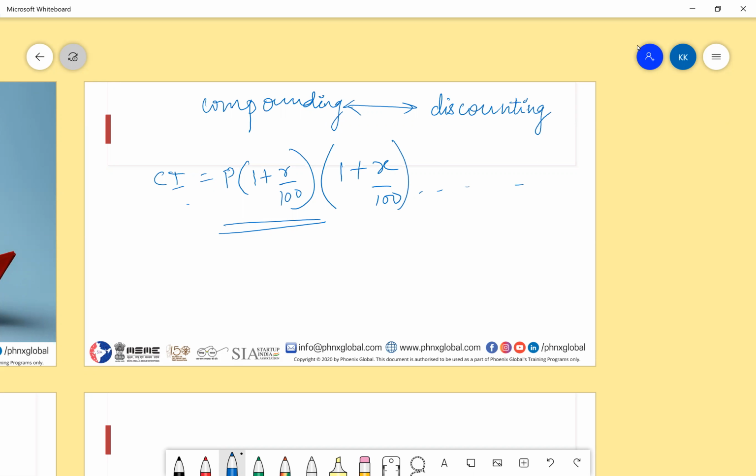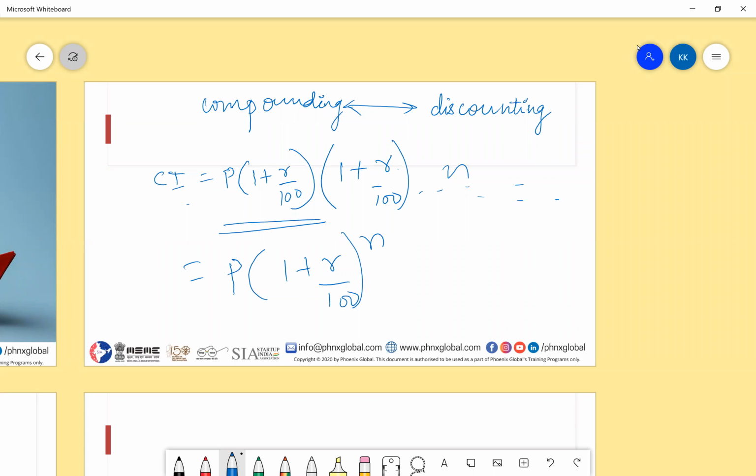Now, what is happening here is that instead of different percentages, every time it is increasing by the same percentage. So we can club it in a bracket and derive the formula, n times.